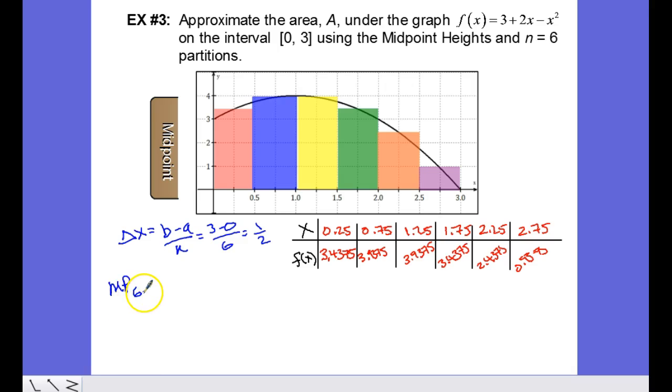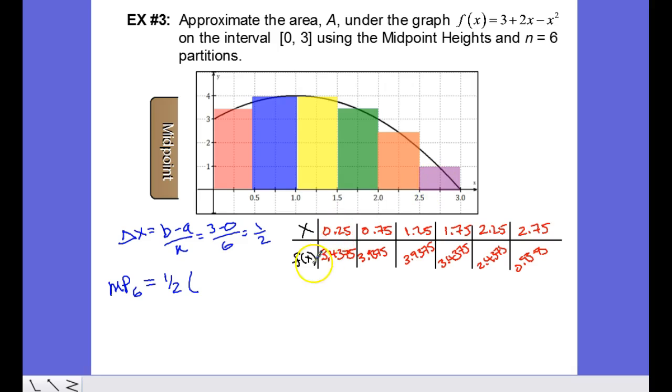Alright, so our midpoint Riemann sum for 6 subintervals will be equal to 1/2 times, and so in this case I've got 1, 2, 3, 4, 5, 6, all 6 of my subintervals, and I have a midpoint for each one of those.